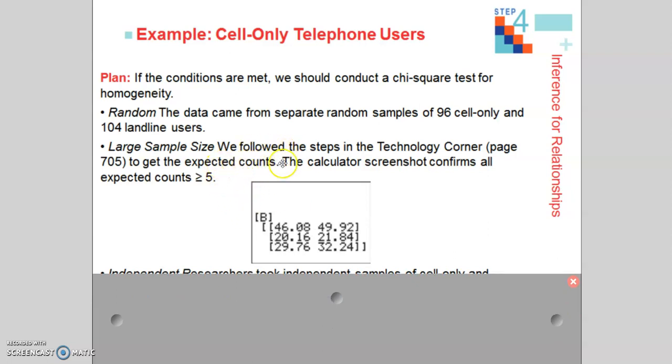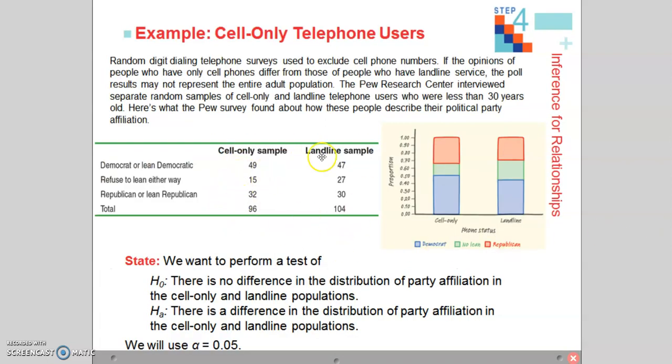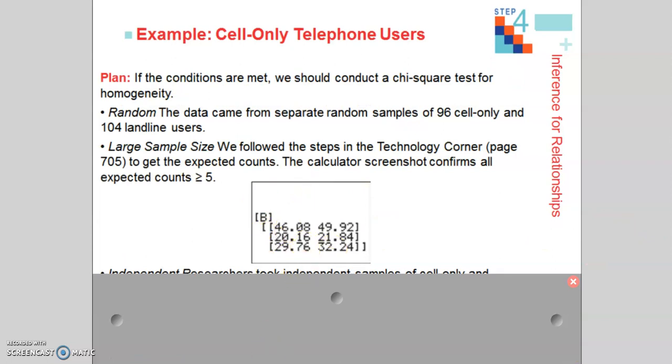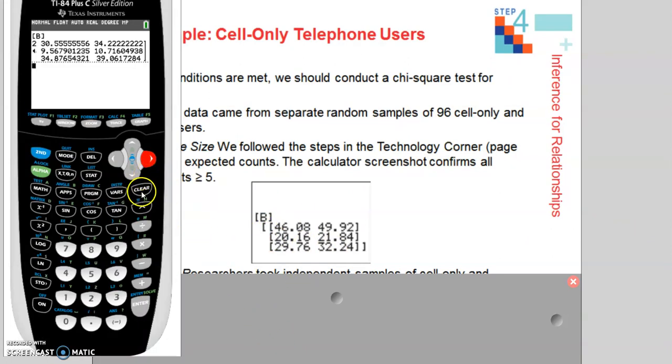So I want all expected counts to be at least 5. The problem is that these aren't the expected counts. What I'm actually going to do is use my calculator to find the expected counts right now. So even though I haven't really approved running of the test yet, because I haven't checked all the conditions, I'm going to run it anyways. So I go to matrix, I type my observed counts into matrix C, which I've already done.